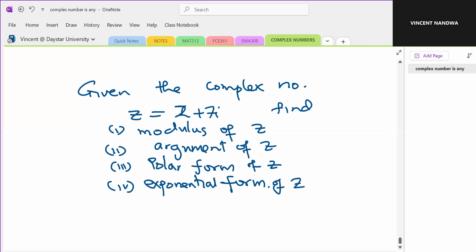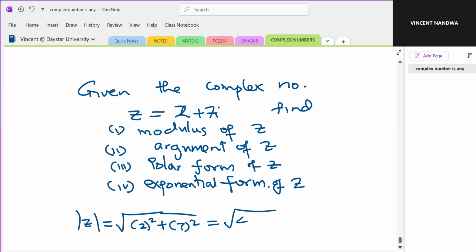Good. So remember the first part, finding the modulus of z, is very obvious. It's the positive square root of x squared plus y squared. So the modulus of z is the square root of 4 plus 49, which is the square root of 53.